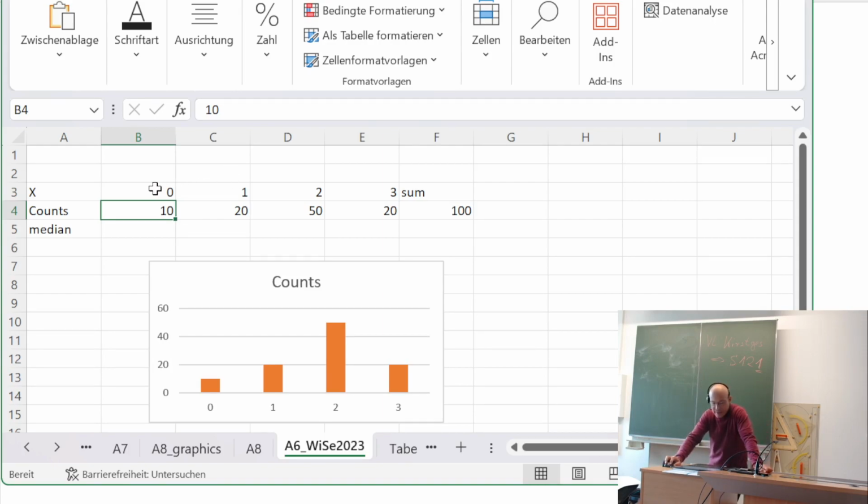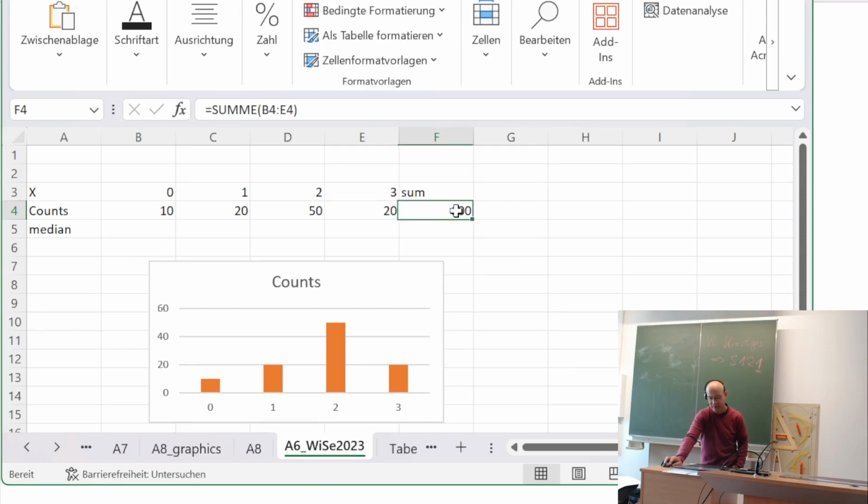Maybe you can say that it is taking out of some class that you have chosen 10 times the number 0 and 20 times the number 1. So I have a data set of 100 pieces of paper maybe, and these pieces of paper show 10 times the number 0, 20 times the number 1, and 50 times the number 2, and 20 times the number 3.